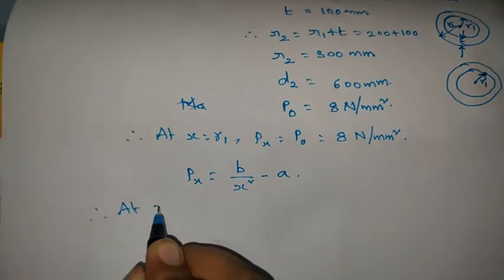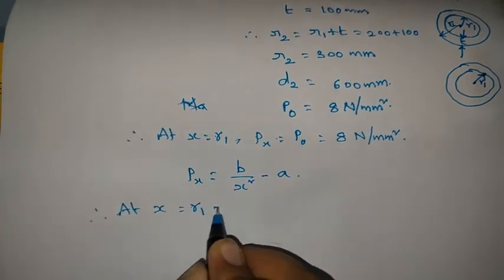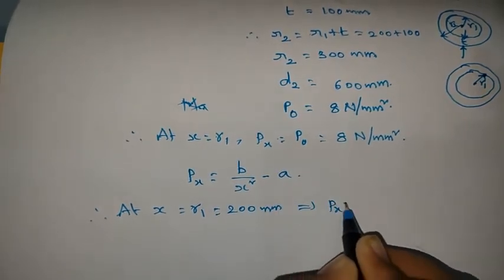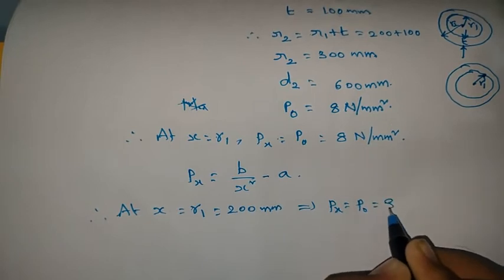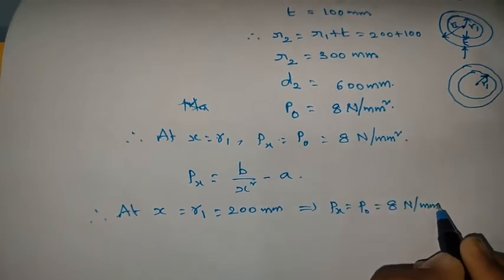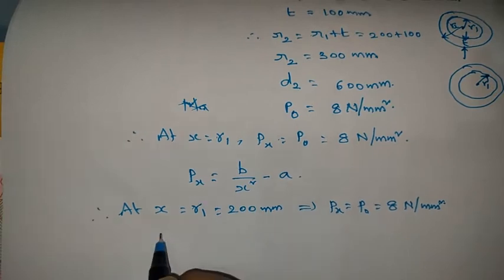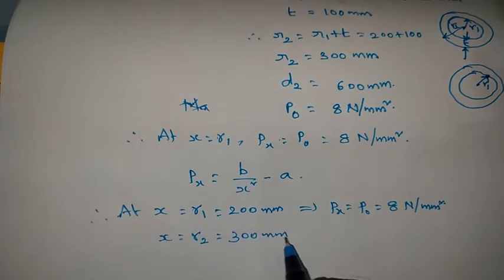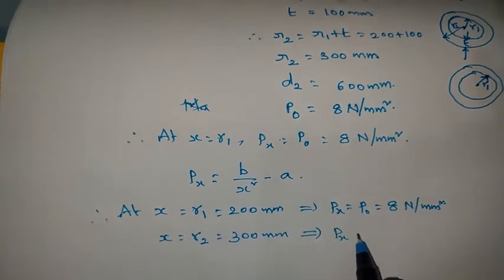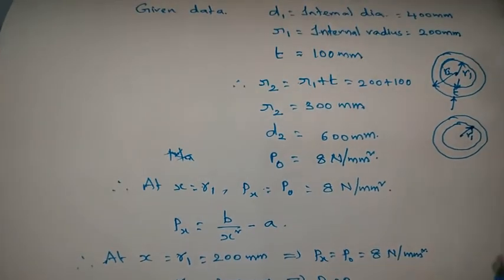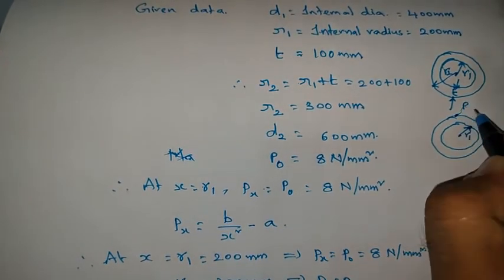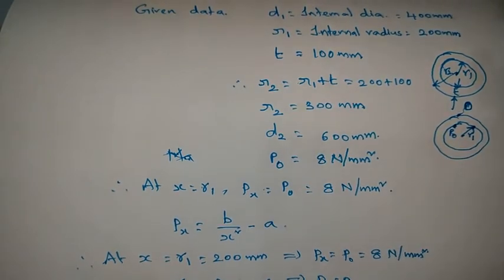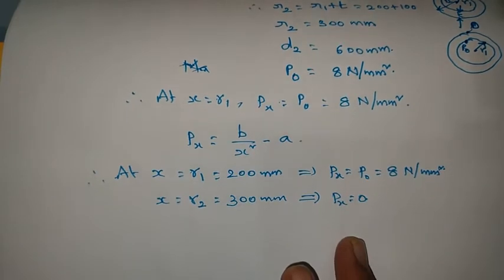At x is equals to R1, that is at 200 mm, the value of Px is equals to P0, that is 8 Newton per mm square, and at x is equals to R2, so that is 300 mm, then Px is equals to 0. So that means at the outer surface it is 0, at the inner surface it is equals to internal pressure, right?